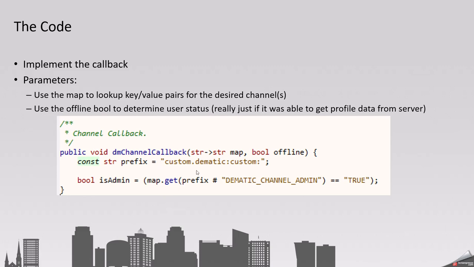There's a little prefix here that's just a helper piece of text that all of my custom channels will start with. And then whatever results you get back from reading this map, you store it somewhere and use it to drive your UI and features.